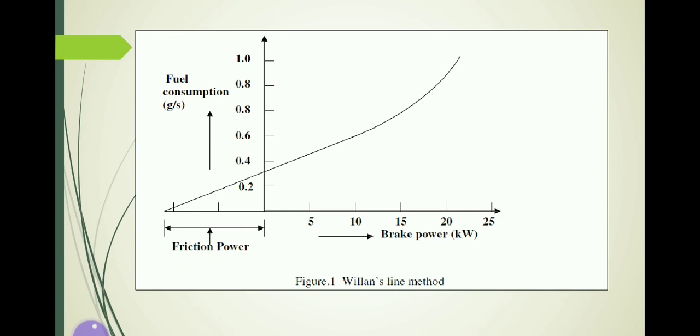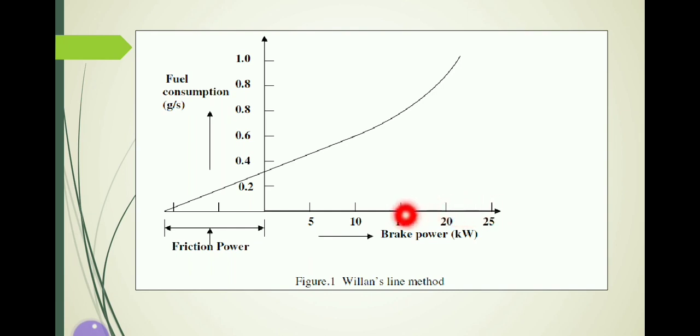First this graph is going to be plotted by taking the actual readings on the engine. One engine is going to be run, and using that, whatever observations we take, we are going to measure the fuel consumption which is required for producing the amount of brake power.